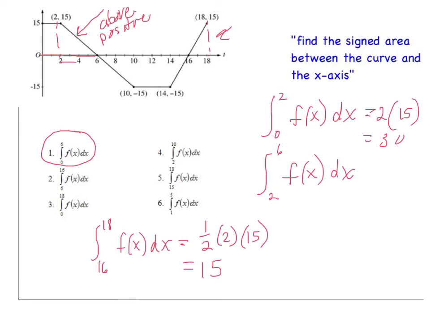It's hard to see, but from 2 to 6, this is 4, and this is 15. So this is just 1/2 times 4 times 15, which is 30. So what is it then from 0 to 6? Well, from 0 to 6 would be 30 plus 30, which is 60. So I hope you'll see that these are just intervals, and the integral of that is just finding the area underneath the curves.